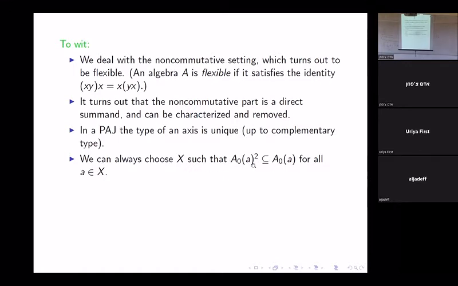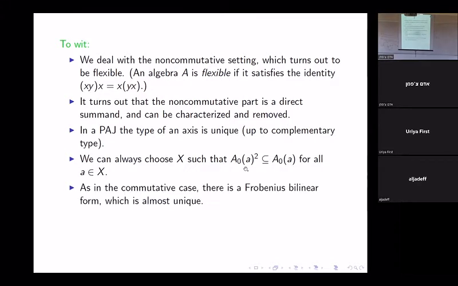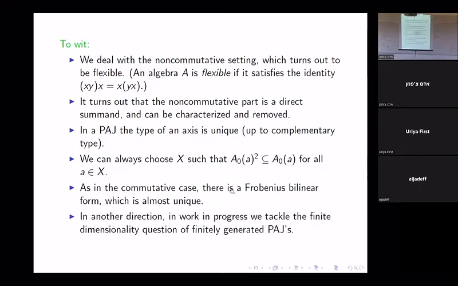And then if A has type 2, then this will be true. For type -1, it's open still. Okay, and then we get a Frobenius bilinear form, which is unique up to the choice of these lambdas. And then we tackle the finite dimensional question.